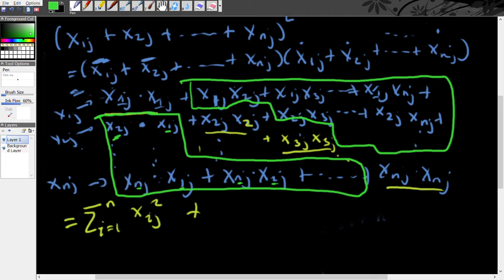I know in class I did i not equals to j, but let's do it in two sums here so that it's a bit clearer. I'm running out of indices, so I will use i and then k.